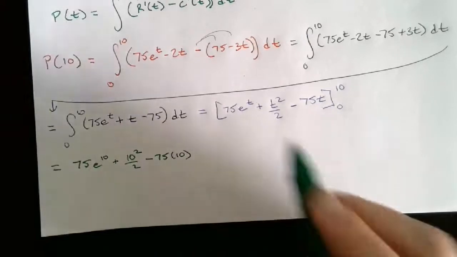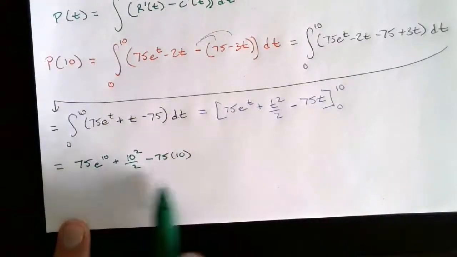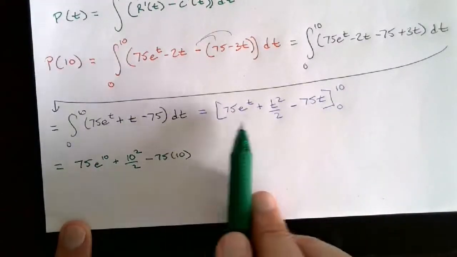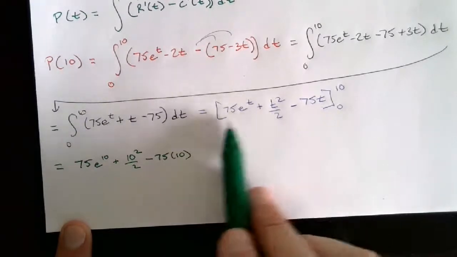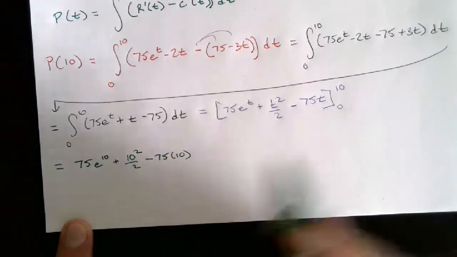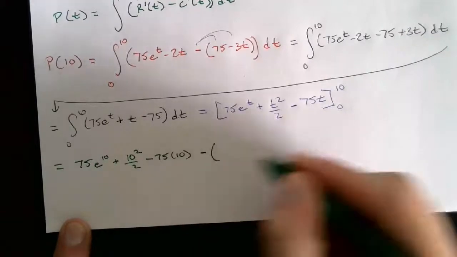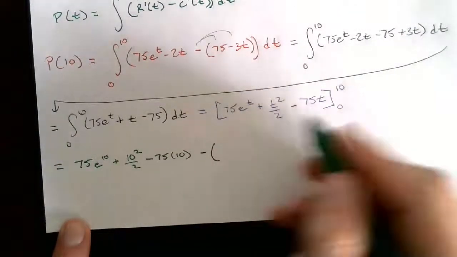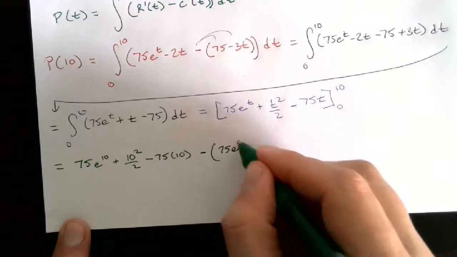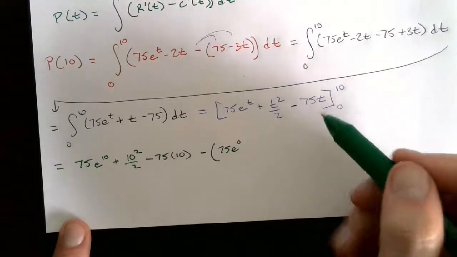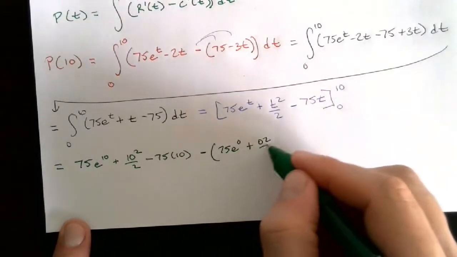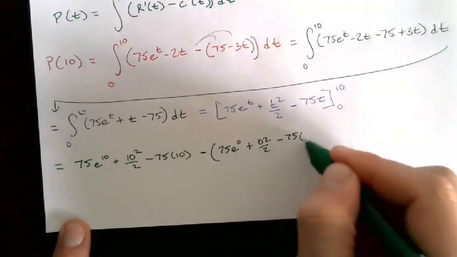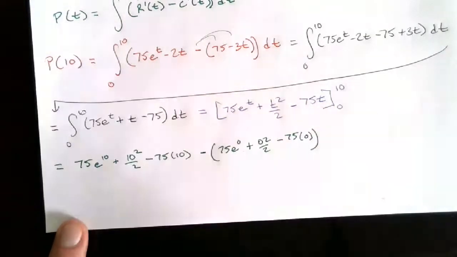So that's me substituting in the upper limit of integration into the antiderivative we have here. And then we subtract off substituting in 0. So make sure you put parentheses around it because you're subtracting this entire thing off. So it'll be 75 e to the 0, and then plus 0 squared over 2 minus 75 times 0.